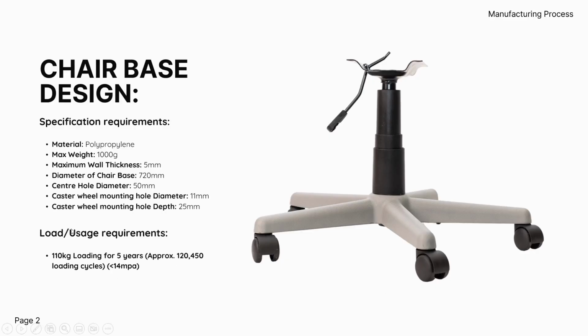Then load usage requirements. This is for FEA analysis, and for 110 kilogram for 5 years, so approximately 120,000 cycles. So force distribution, the moment you see this, you will know force distribution is 110 newtons for all five of these caster wheels on the 5-spoke chair base.